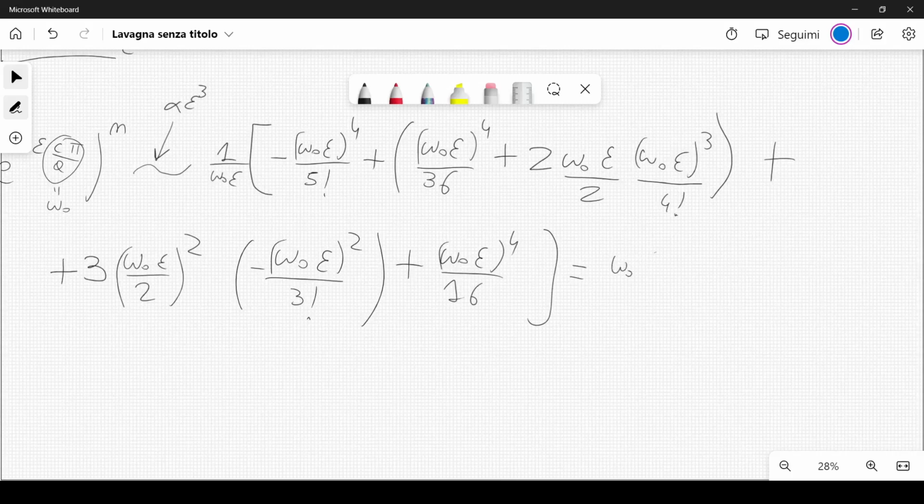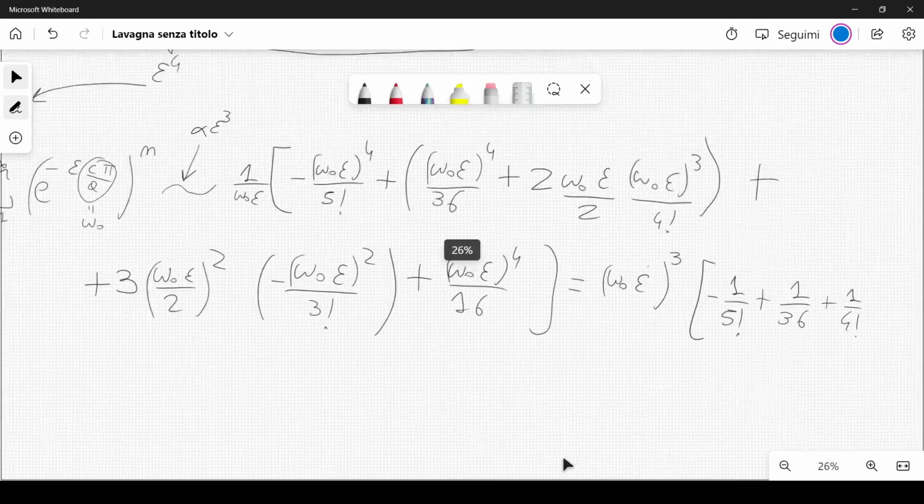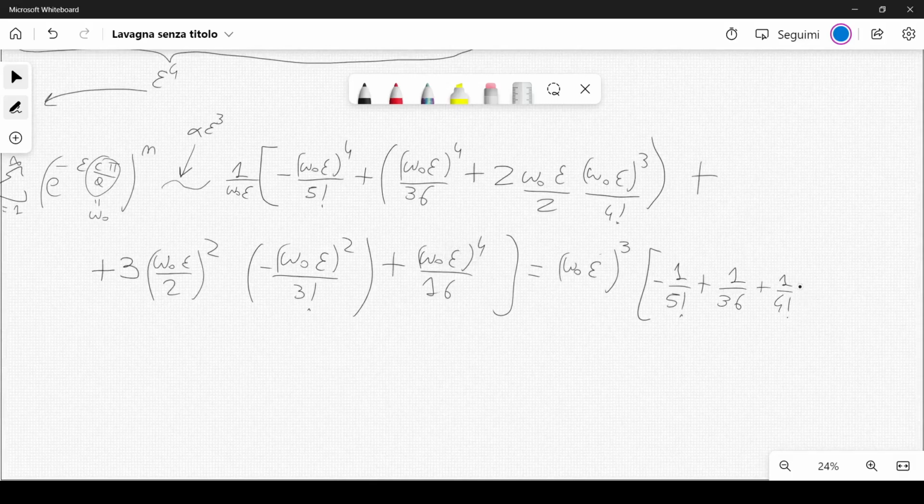From here you get omega 0 epsilon, so you can factor it out. So you can factor out omega 0 epsilon to the fourth divided by omega 0 epsilon, so you get omega 0 epsilon to the third power, and then you have a bunch of terms, minus 1 over 5 factorial plus 1 over 36, and then you get plus 1 over 4 factorial, and then you get minus 3 divided by 4 times 6, and then you get plus 1 over 16.